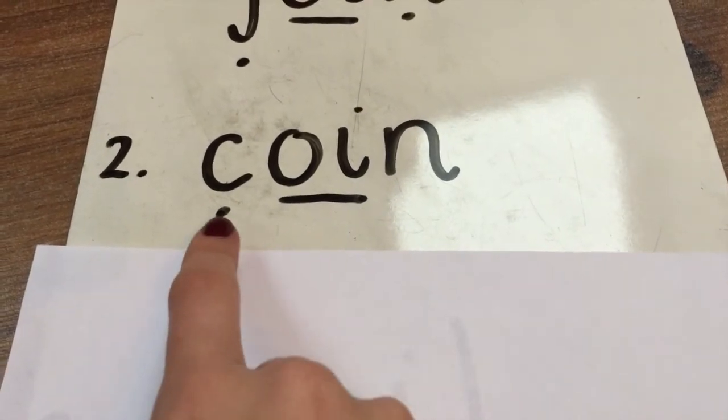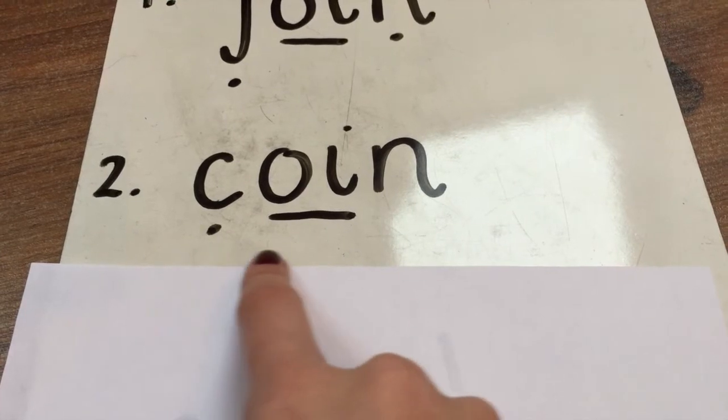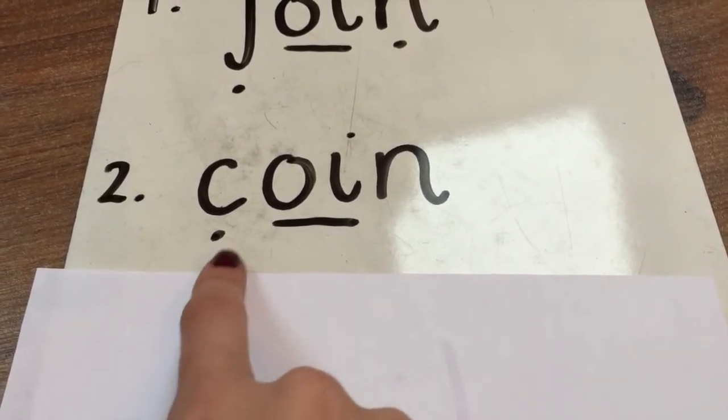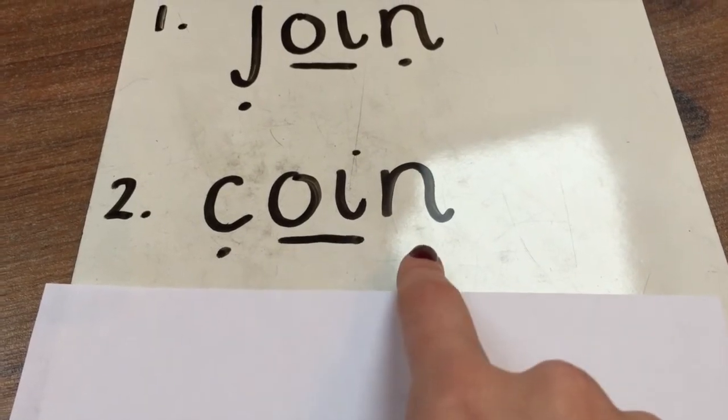The next word was the word coin. So you should have put a curly k, oi, n, coin. Give yourself a tick if you got that correct, and if you made a little mistake, then please make sure you correct it.